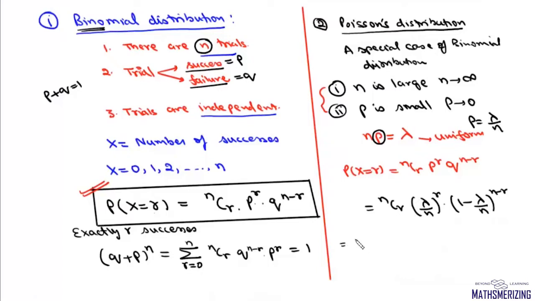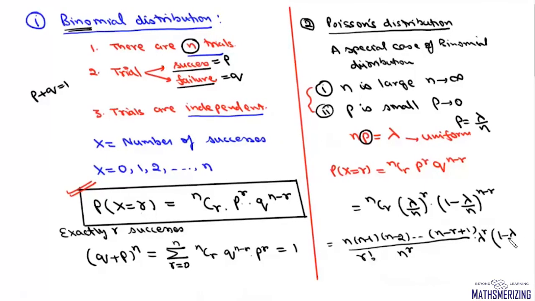Now we'll write this as n into n minus 1, n minus 2 up to n minus r plus 1, and here we'll have factorial r, and we'll take this n to the power r here, and then we'll have lambda to the power r, and this is (1 minus lambda upon n) to the power n minus r.